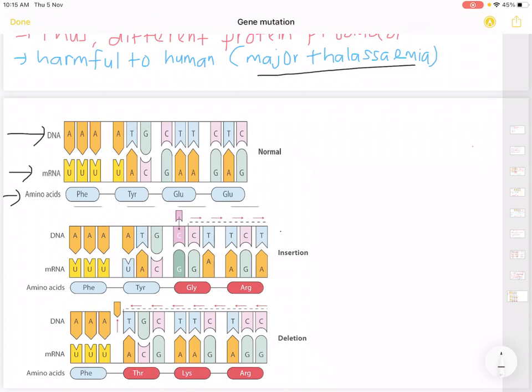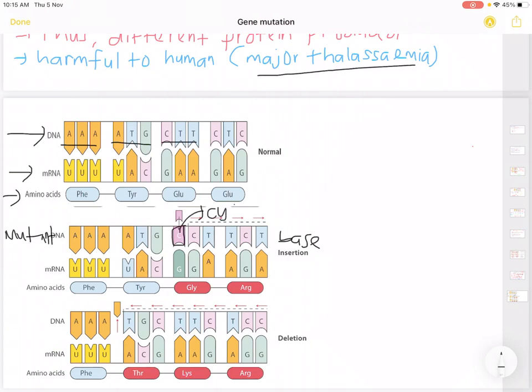When base insertion occurs, one base pairing is added to the DNA sequence. So this is the mutant DNA, where from the bases of AAA, ATG, instead of CTT, we add a new base of cytosine.